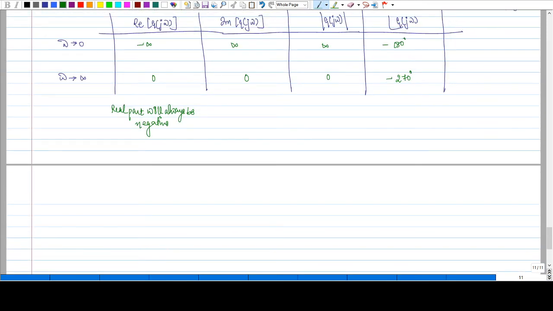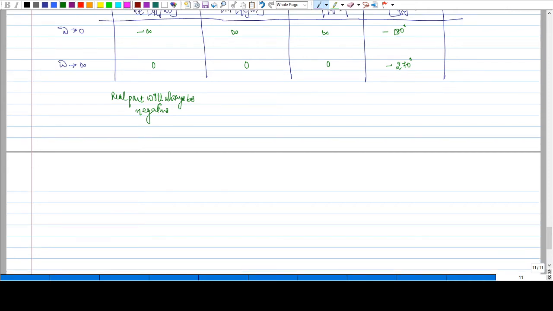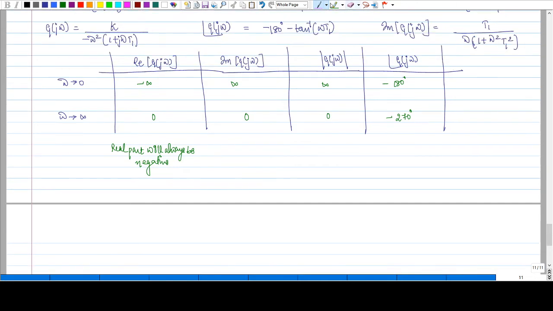So now we will draw the polar plot for this function.